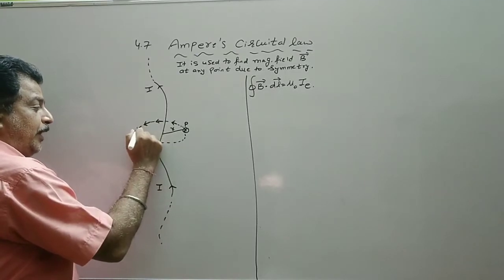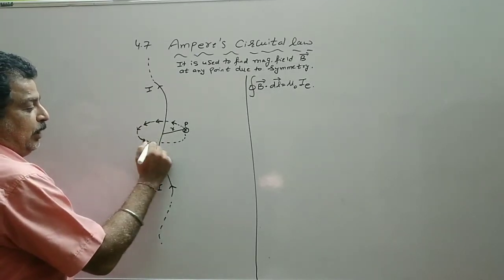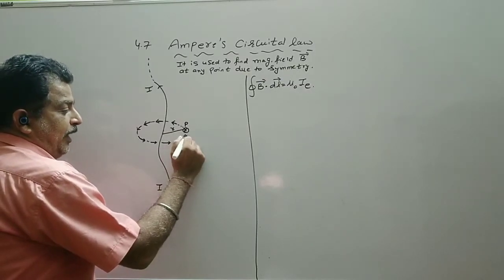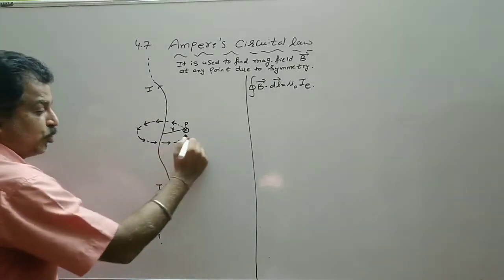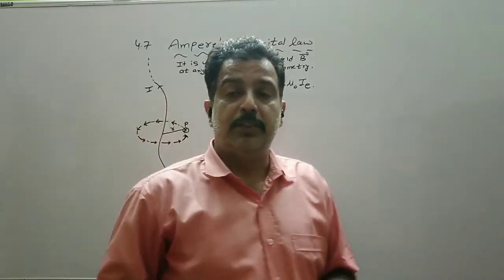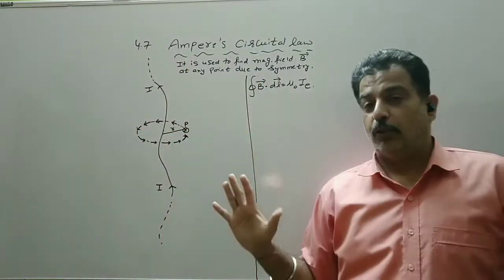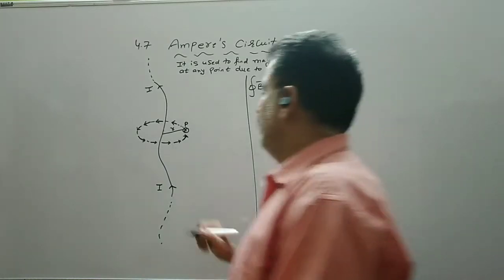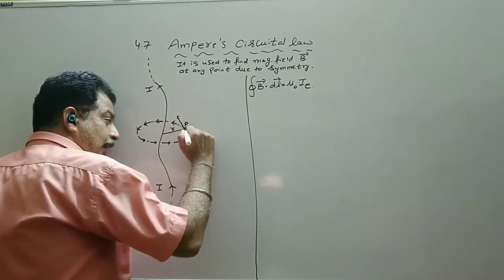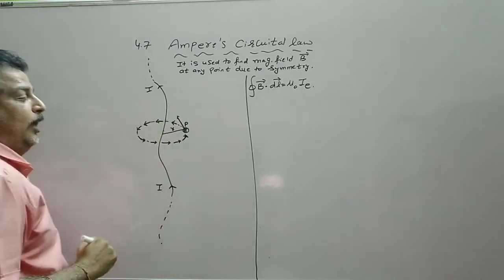We have seen earlier that the magnetic field intensity should be tangential to the point. So here B becomes tangential to the point, and our line element is also along the tangent.